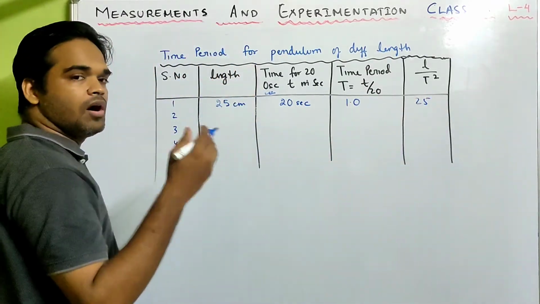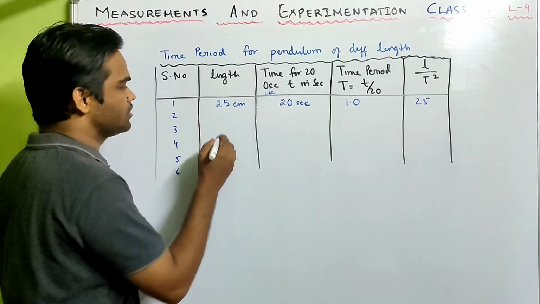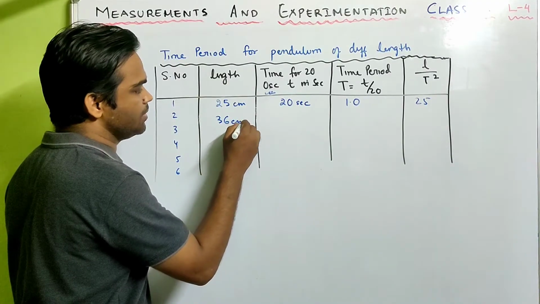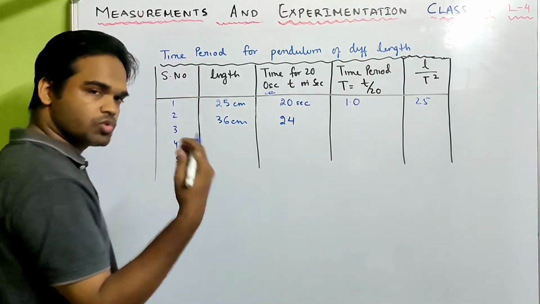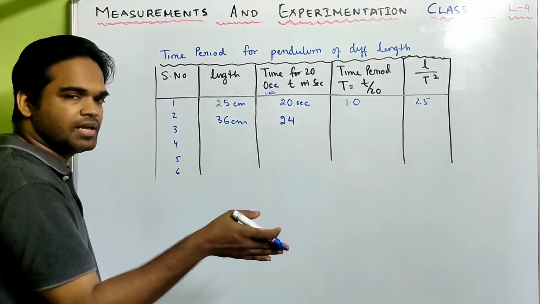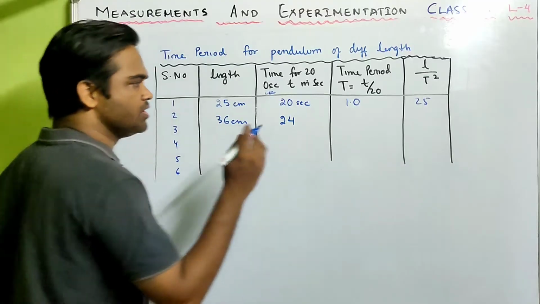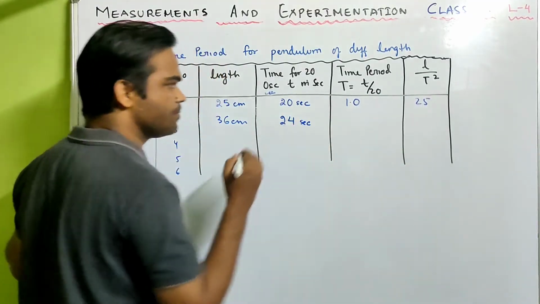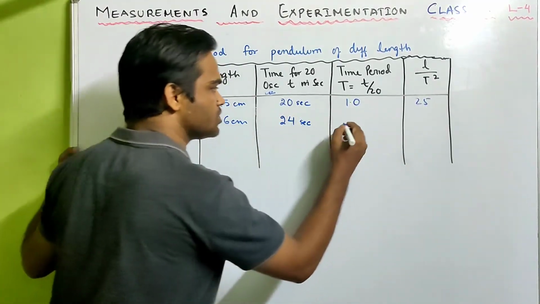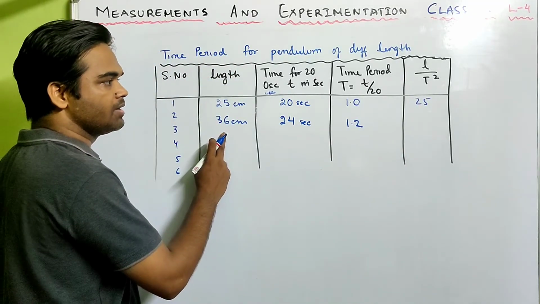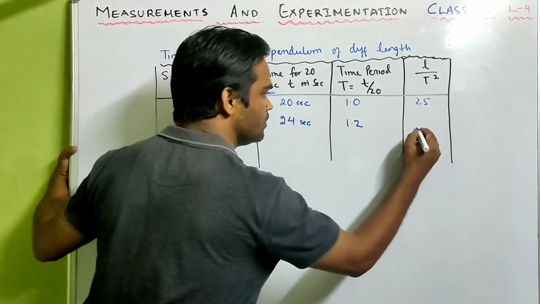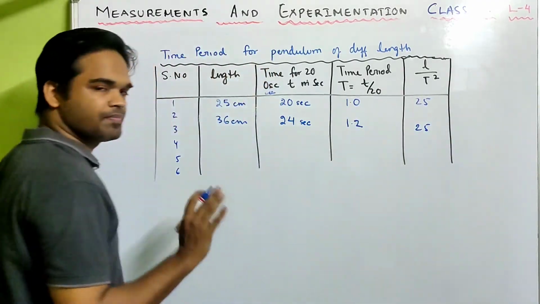Done. Now we change the length to 36 centimeter. We notice that if you increase the length, the time also increases: 24 second. This divided by 20 is 1.2, and L by T square will again give you 25.